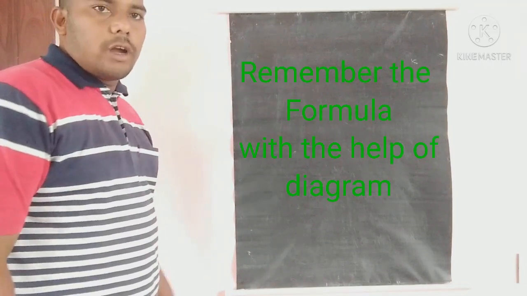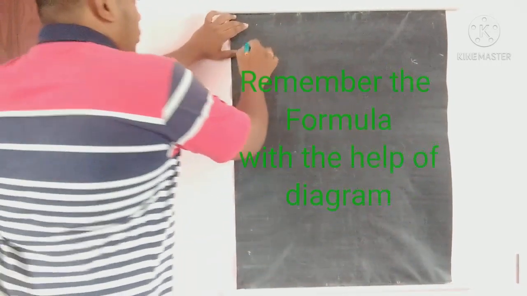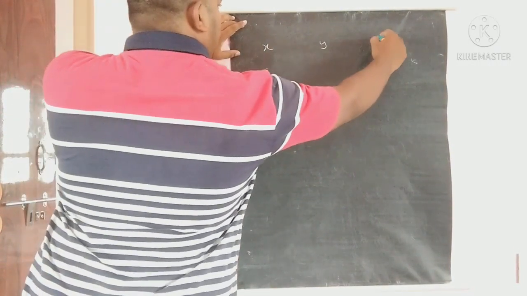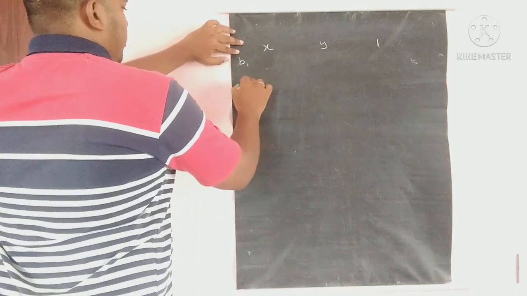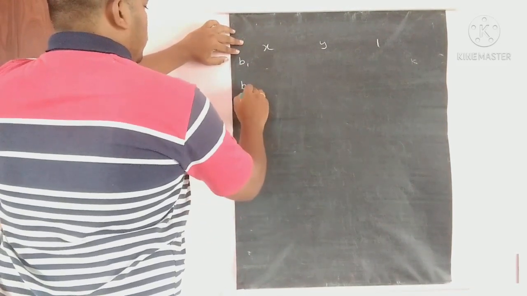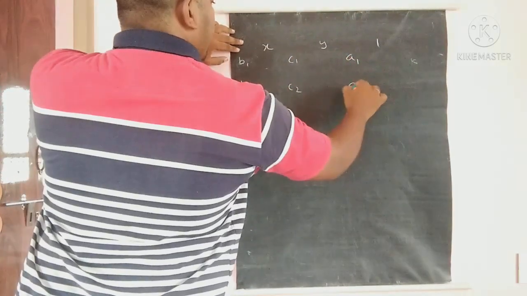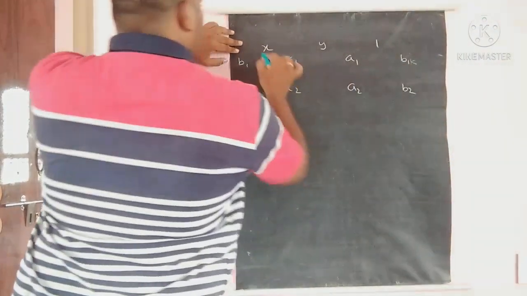So, remembering the formula with the help of a diagram. First write down x, y and 1. Now first write down the y coefficients: B1, B2, C1, C2, A1, A2, again B1 and B2.